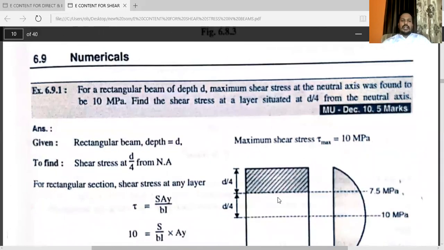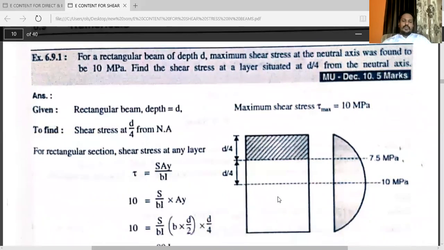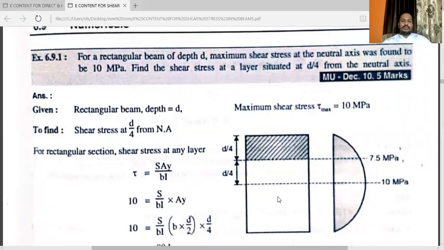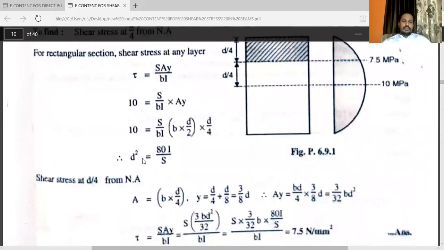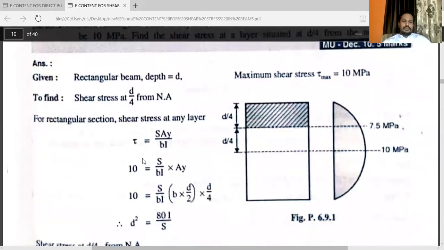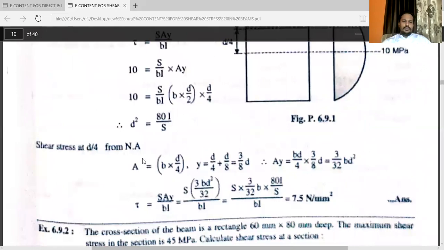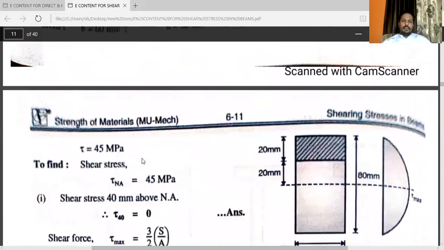So different numericals are there. By using those numericals, you can solve the problem. University problems you can solve by using different formulas. Here we will take one important problem.